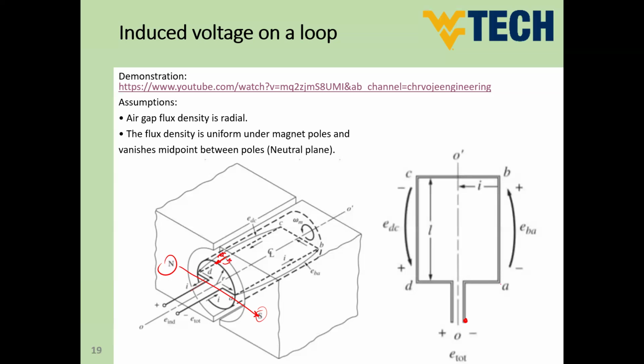So this flux moving around this conductor will be in this direction, which means from the top side, the direction of flux will be in the opposite direction of the flux coming from north to south. And from the bottom side is going to be in the same direction of the flux coming from north to south. And here, since the current is flowing in this direction, so it will be in the opposite direction from the other side.